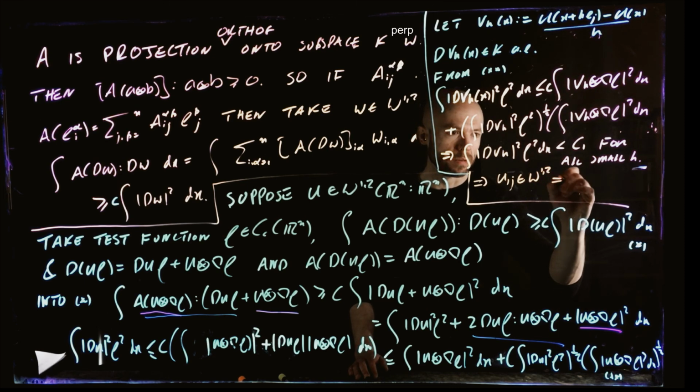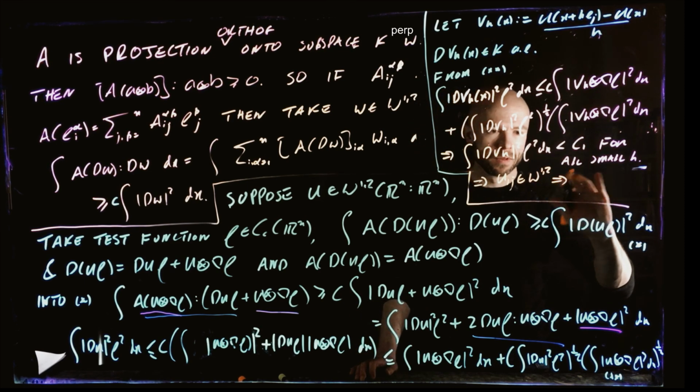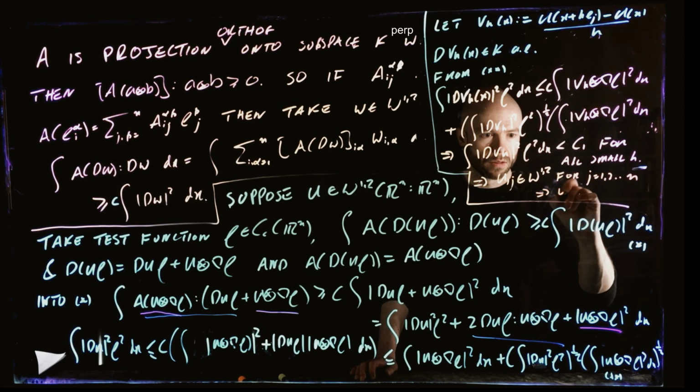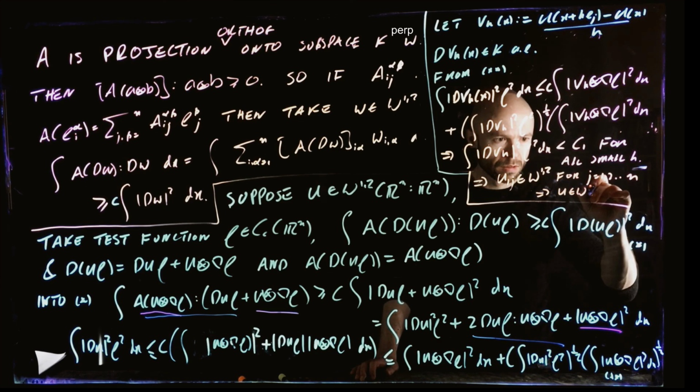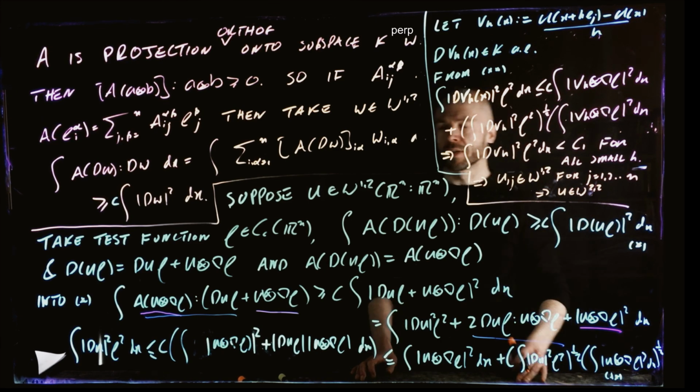j is arbitrary, so this implies that, I want to write consistent things for any j, which implies that u actually gains another derivative, W^{2,2}. And then we can iterate, because we do have a subspace.